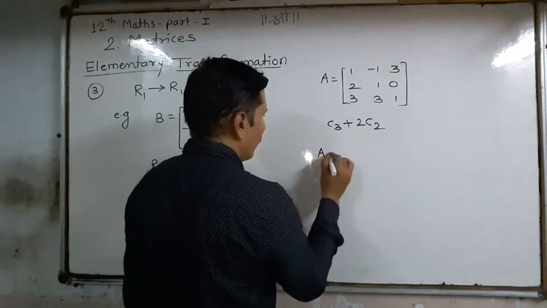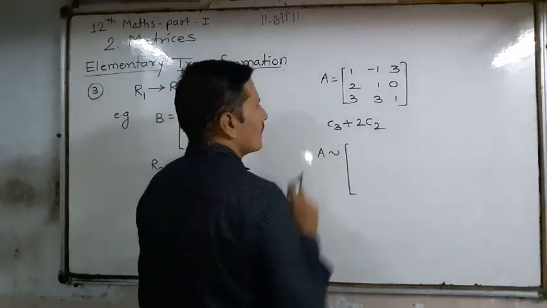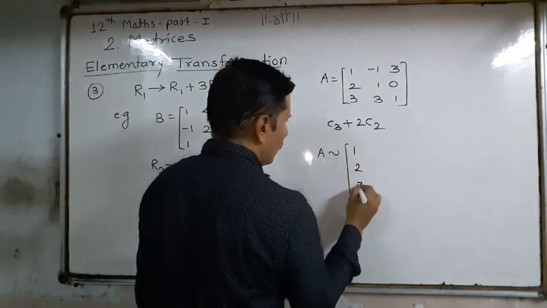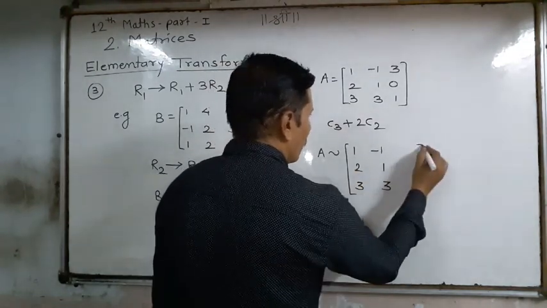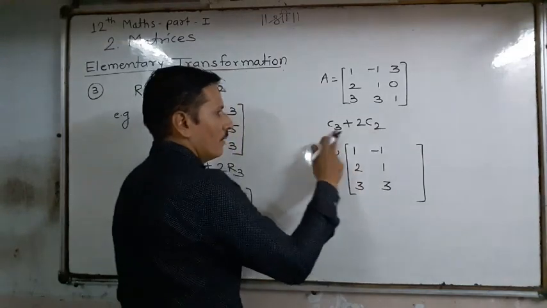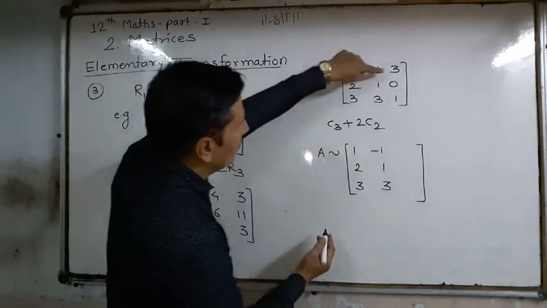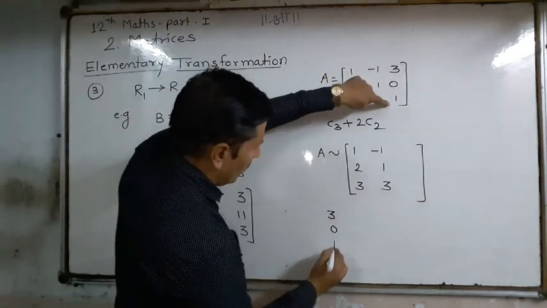So the A matrix becomes, here C3 is changing, that means C1 and C2 remain as they are, 1, 2, 3, minus 1, 1, 3. Now take the elements of C3. The elements of C3 are 3, 0, 1.